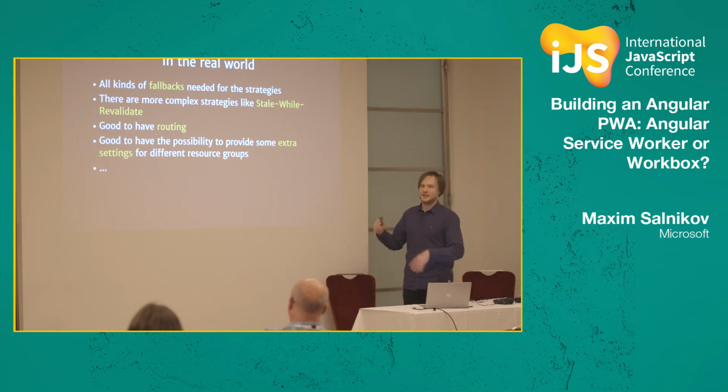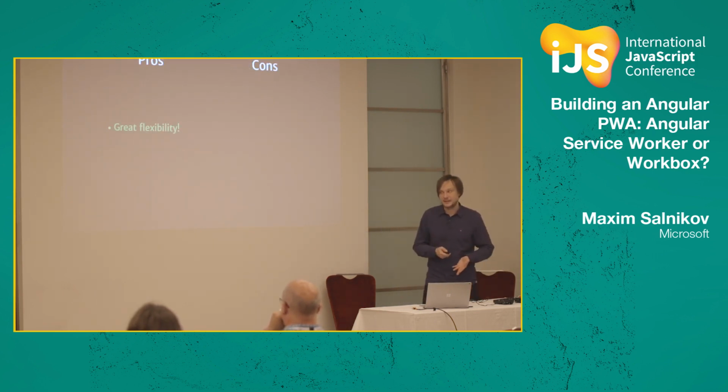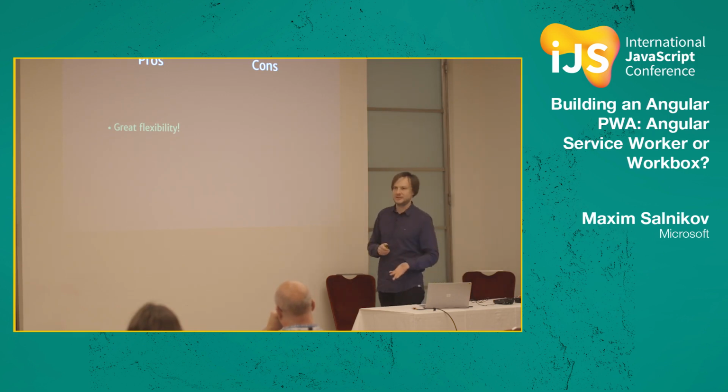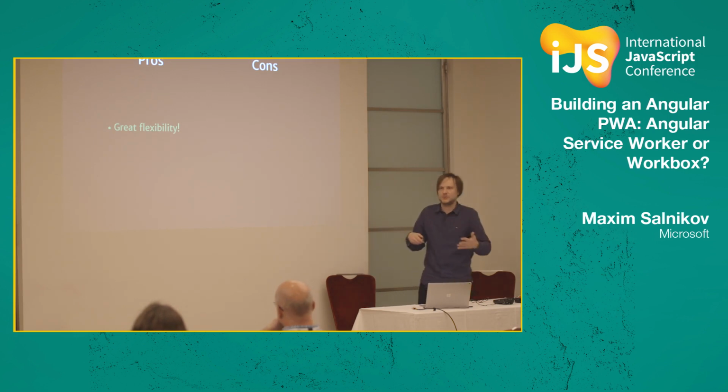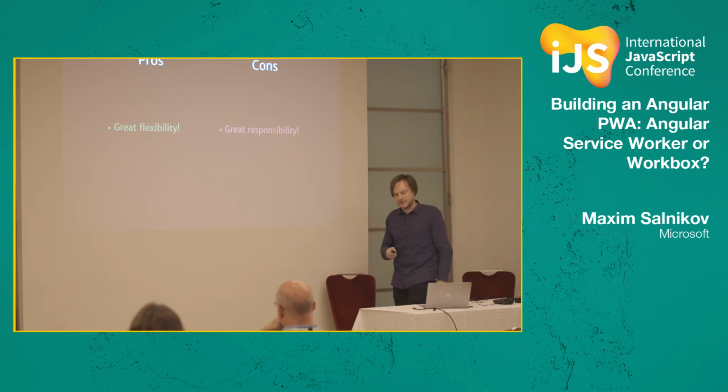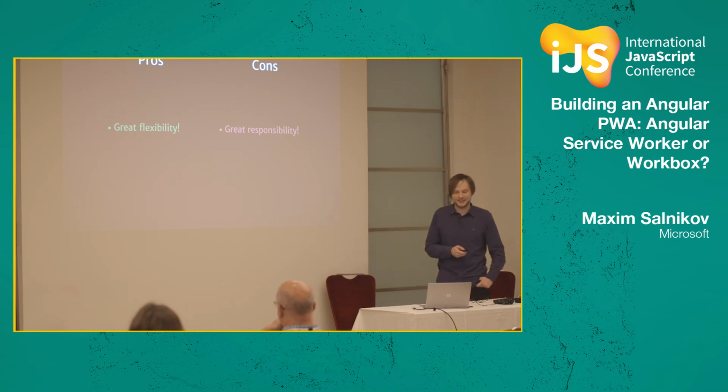And most likely you want to fine-tune this behavior for this kind of resource, that kind of resource. So we can say that it's great flexibility if you go for a completely manual way. Again, it's absolutely possible to write your own service worker for Angular, for React, for a framework-less app, or whatever. But yes, it will definitely make you a better developer, but will take time.